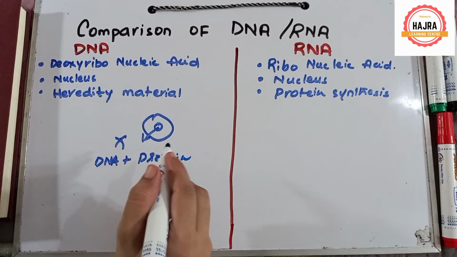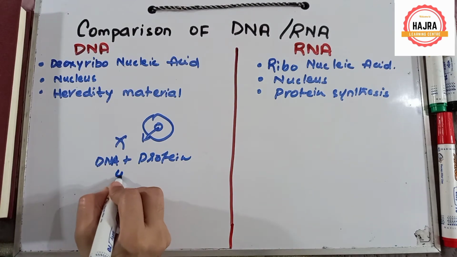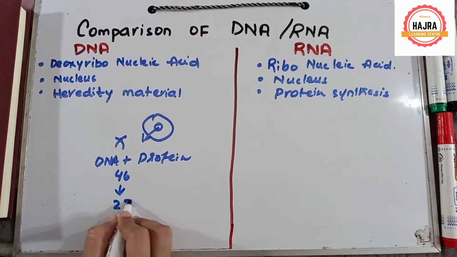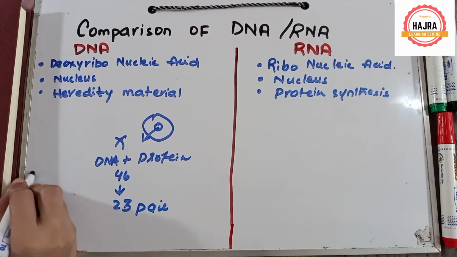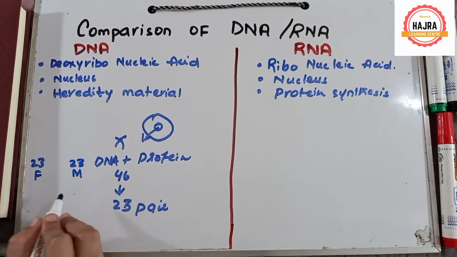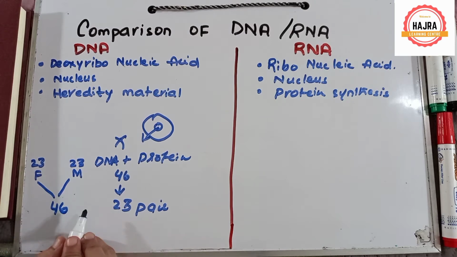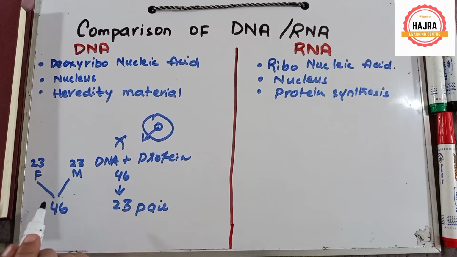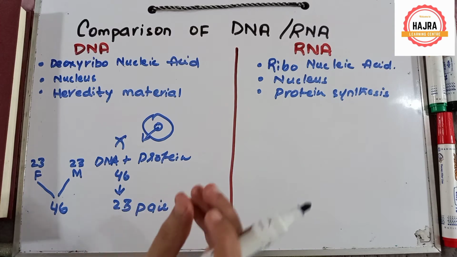So chromosomes are the compact and condensed form of DNA. There are 46 chromosomes in our body, which means 23 pairs. We take 23 chromosomes from the father's side and 23 from the mother's side. So 23 plus 23 is 46 chromosomes. That is why we have a few characteristics of the father and a few of the mother.